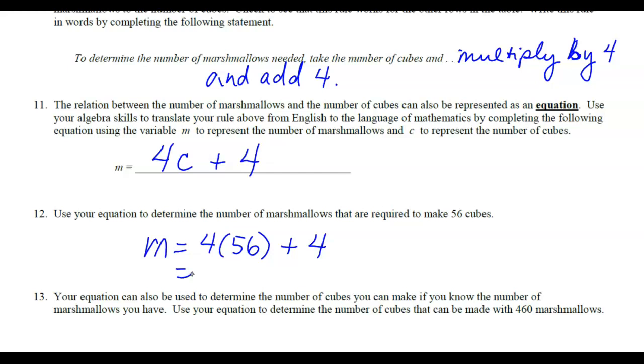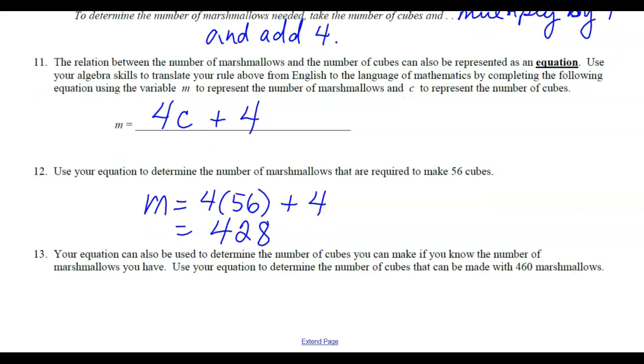Because 4 times 50 is 200, 4 times 6 is 24, plus 4 is 228.